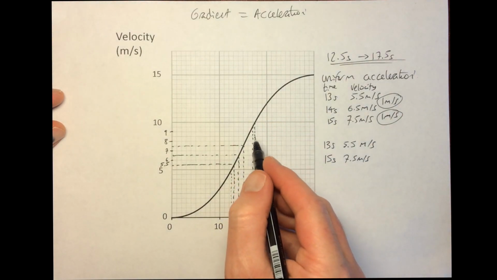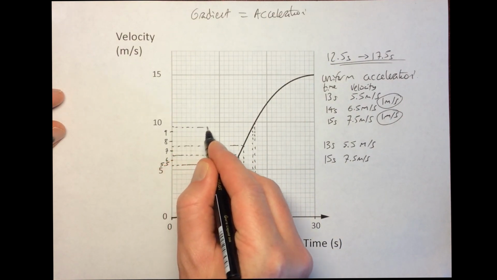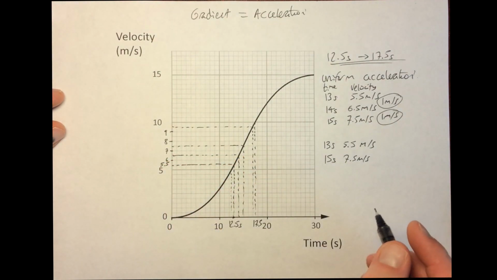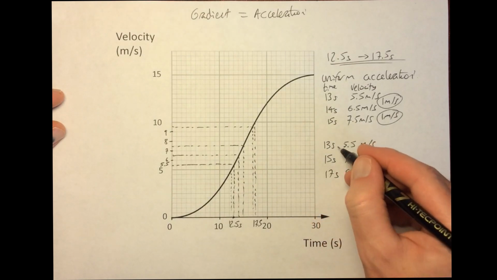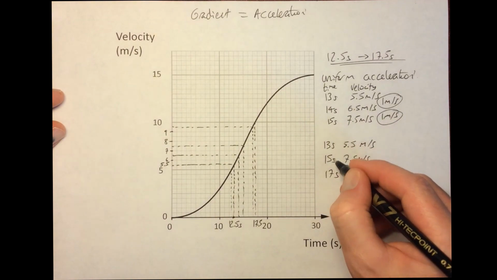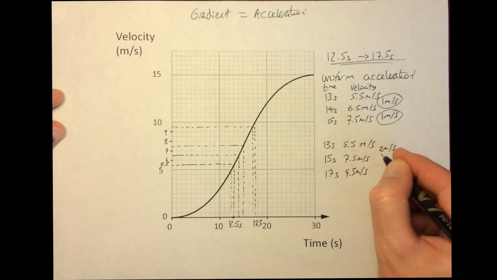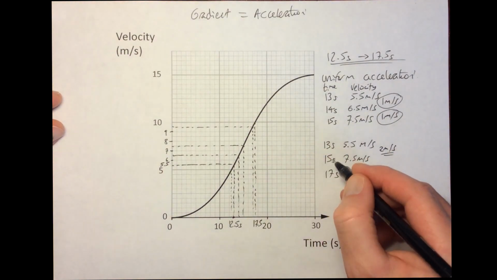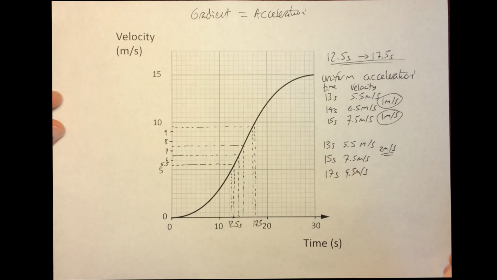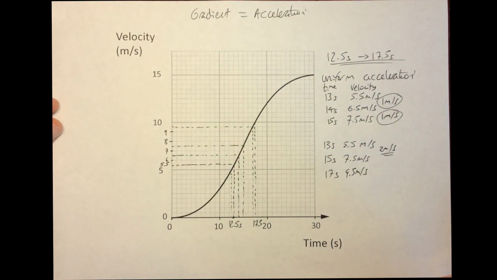It's getting a bit confusing now because we've got so much information on here, but if you go across from 17, you'll find that the velocity is 9.5 meters per second. So every time the time increases by 2 seconds, the velocity is increasing by 2 meters per second. So if you look at a graph and for every equal interval of time the velocity goes up by the same amount each time, that means we've got a uniform or constant rate of acceleration.